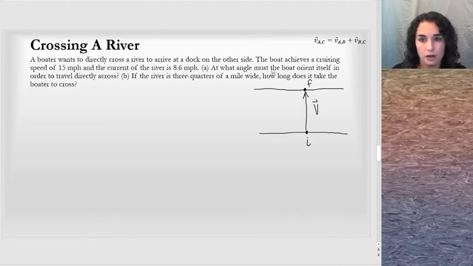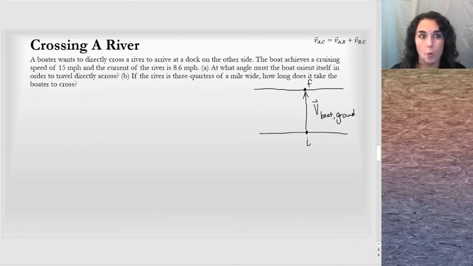If the boat did not take the current into account, it would drift downstream, and this would be the final down here. That's not what we want. We want the velocity of the boat with respect to the ground to be this straight line across. That's how it will get there.